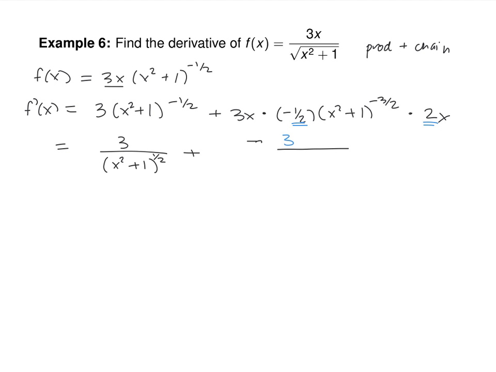What power is on the x? Squared. And what's in the denominator? Okay, good. Now, to get a common denominator, how are you going to make the first denominator into a power of 3/2?